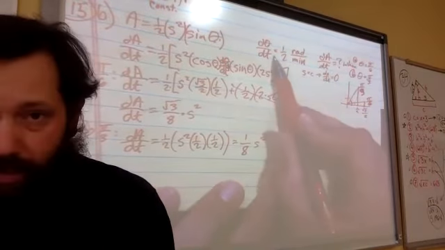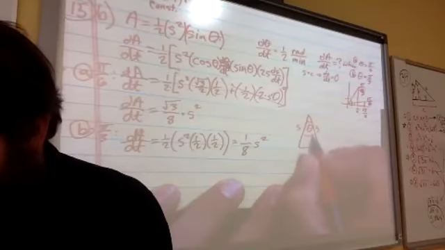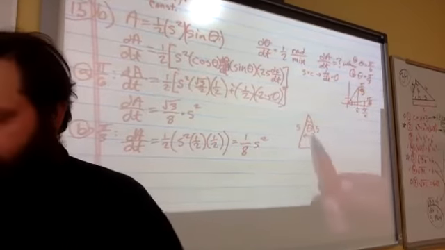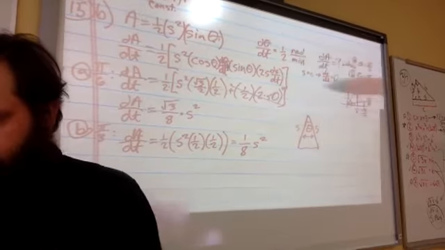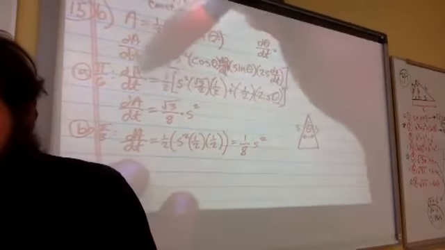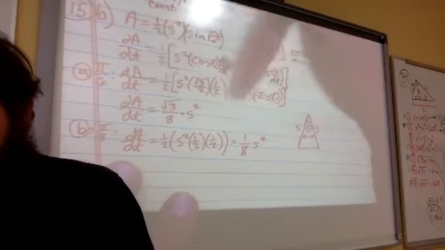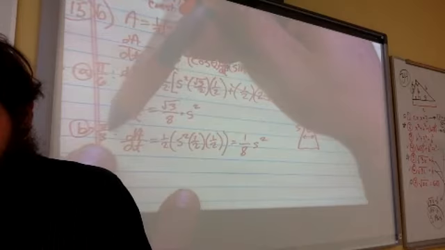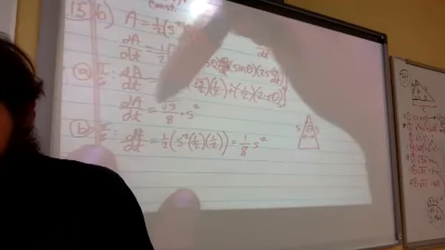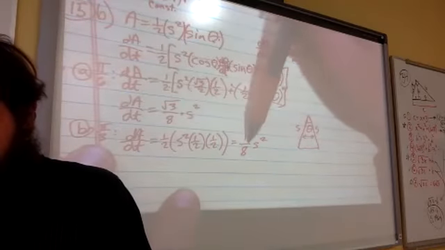Remember, this is an isosceles triangle with sides s and angle theta. So it's opening at a rate, okay? Theta is increasing at a rate of 1/2. And what this is telling us is as theta opens, the area is changing slower.